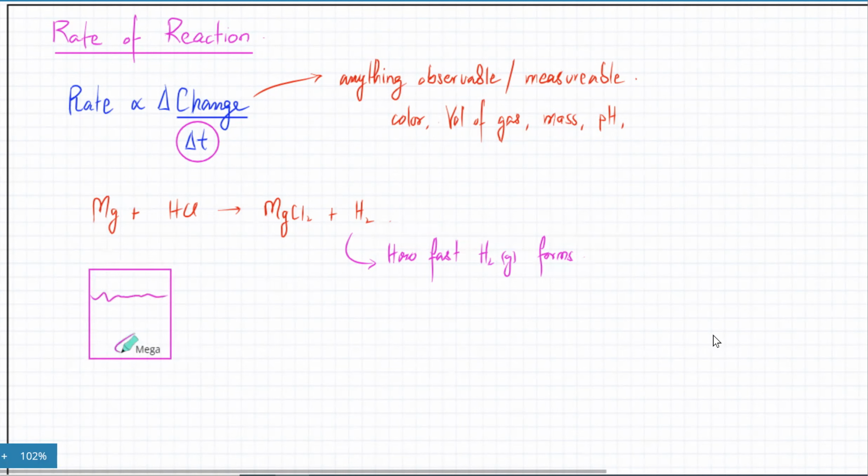So anything that's observable, you can measure how fast Mg dissolves, and you can time it. If it dissolves very quickly, if it takes very less time, then it's a fast reaction.